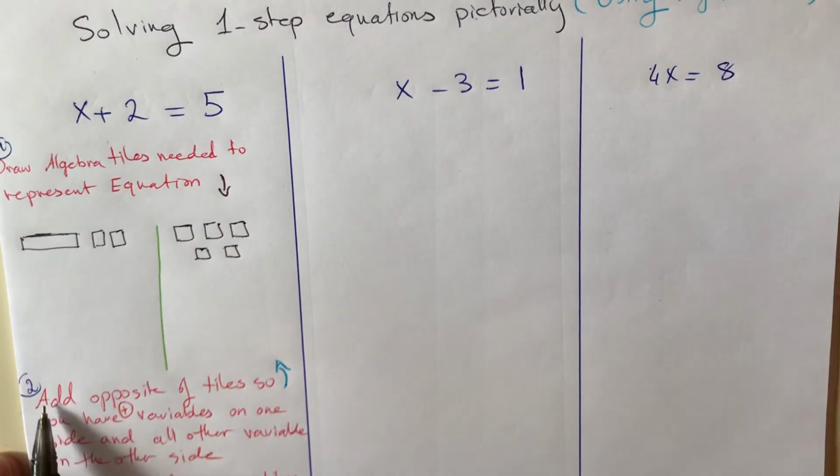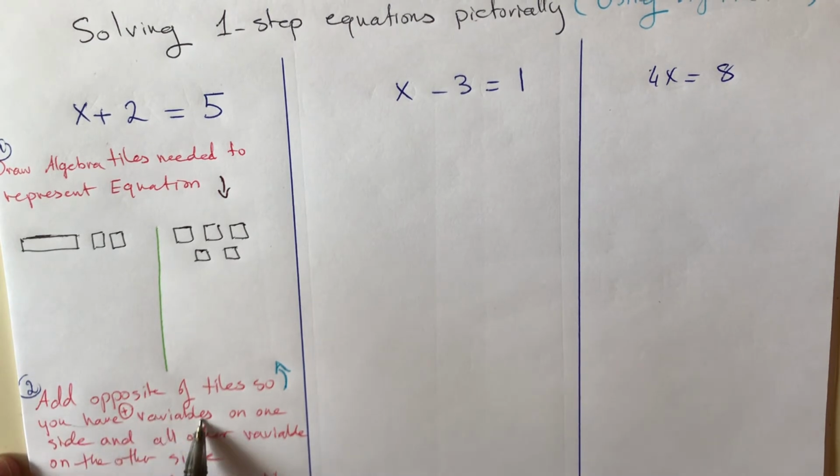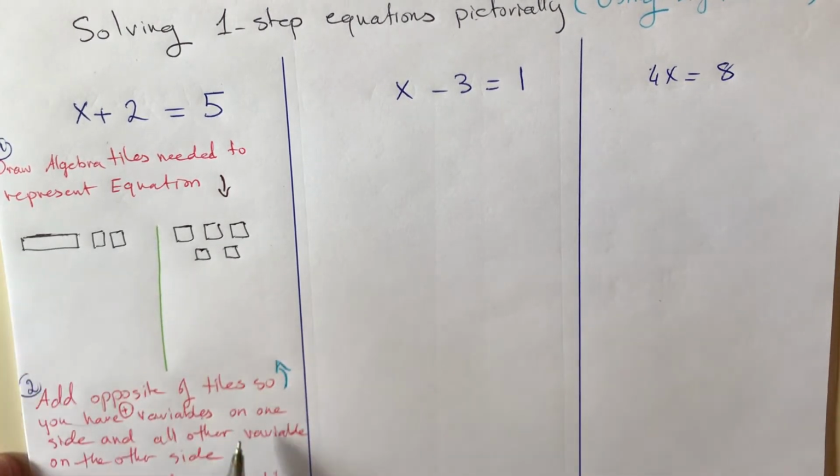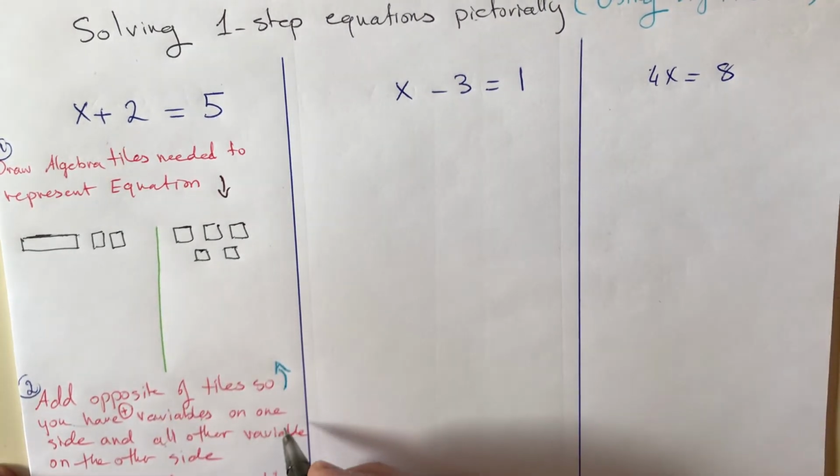Second step here, I say add the opposite of tiles, so you have the positive variable, or x in this case, on one side and all other numbers on the other side.